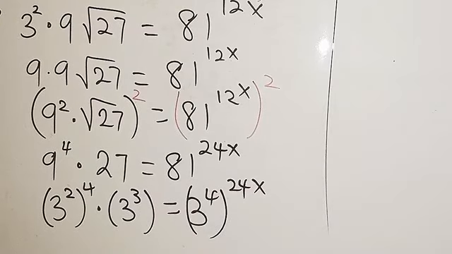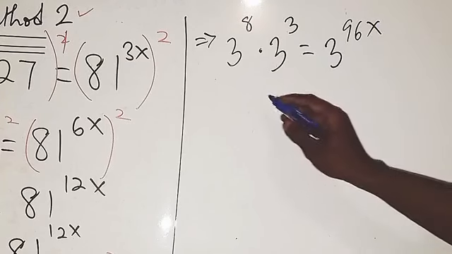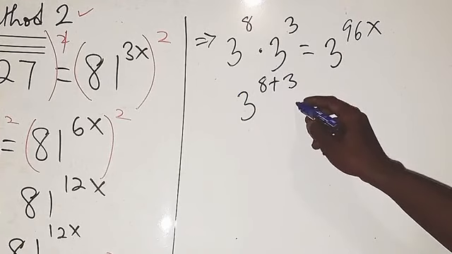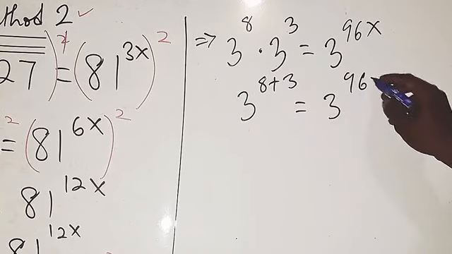Okay, then 3 to the power of 3 equals 3 to the power of this 4, we have to multiply everything here. So 24 times 4, that's going to give us 96x. So now here we have 3, 8 plus 3 from the law of indices, 3 to the power of 96x.